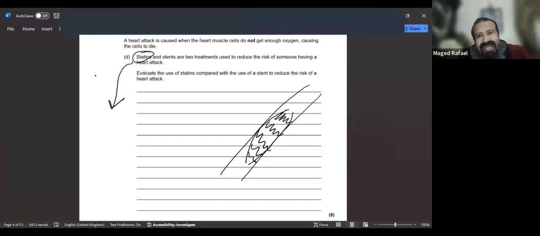However, there is a risk of infection from the operation, and like any risk for any surgical operation, it might cause a kind of bleeding, it might cause a heart attack, it might cause blood clot. All of these might happen in the operation. So if you wrote two advantages and two disadvantages for both of them, statins and stents, you will get the full mark of this question.